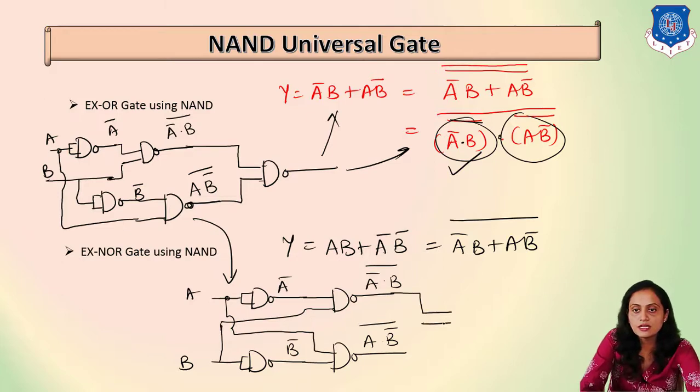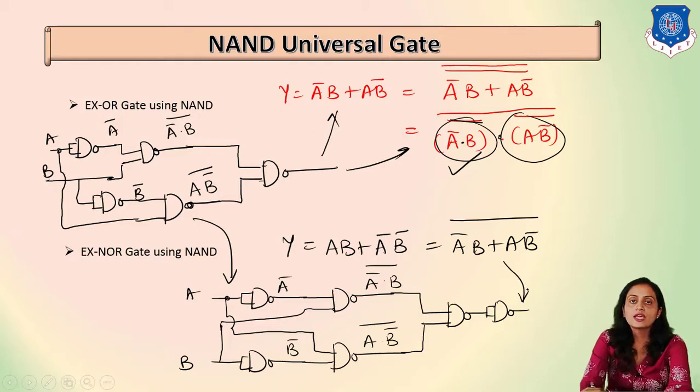The same circuit I am drawing which was drawn for the XOR gate, and again there will be one NOT gate. So this is providing me this output of the XNOR gate.